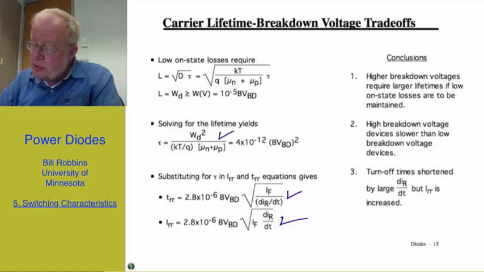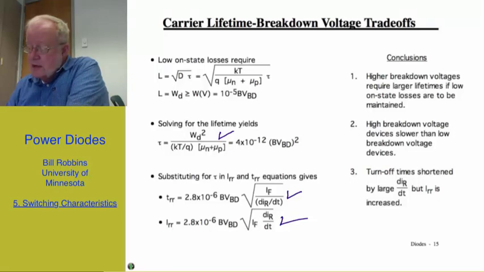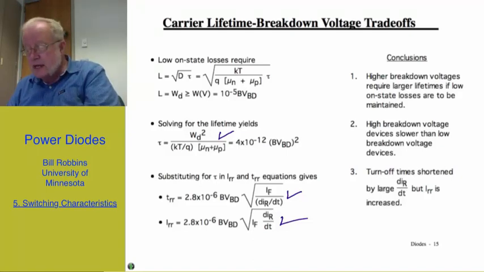So the conclusion we come to is high breakdown voltages require larger carrier lifetimes to maintain low on-state losses, and that means these devices are going to be slower because of the longer required lifetimes. The only way we're going to shorten turn-off times is by having large dI_R/dt, but that means the larger the reverse recovery current is. So there are some trade-offs that you as the user are going to have to make.